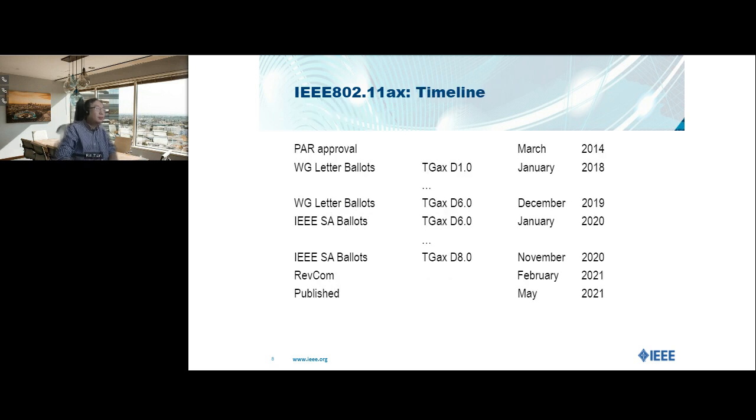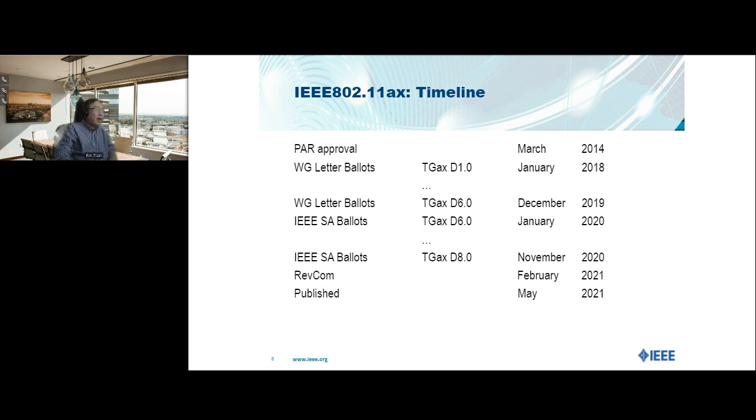So this is a rough timeline of how the 11ax standard was developed. The PAR, as I mentioned, is how this project was defined, and that happened around March 2014. After that, the IEEE formed a task group to work on the standard, and it generated the first draft, draft 1.0, and circulated it around the IEEE 802.11 working group.